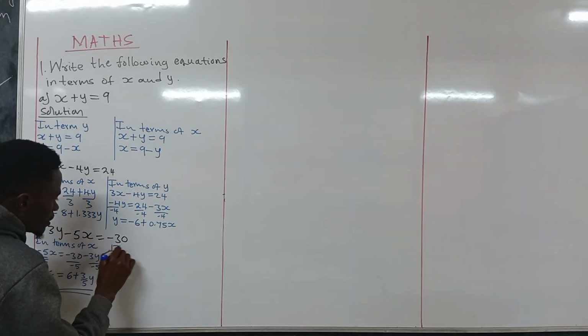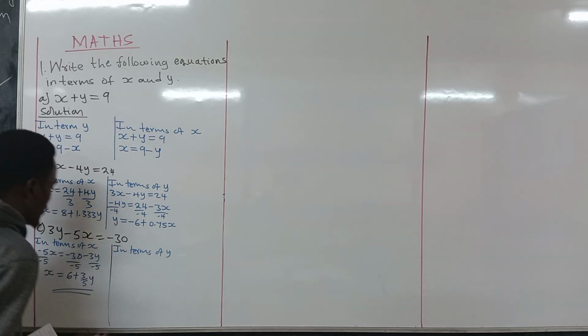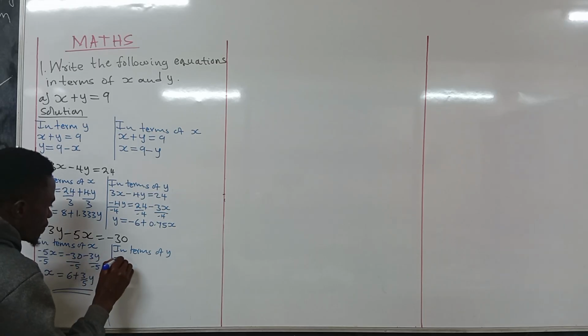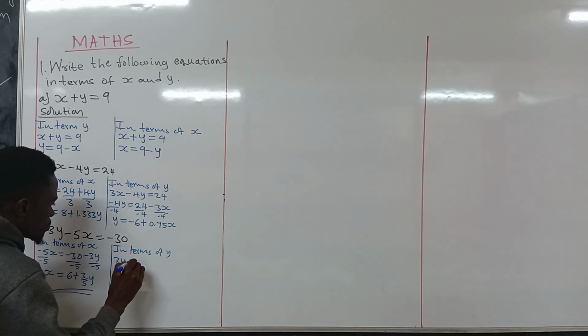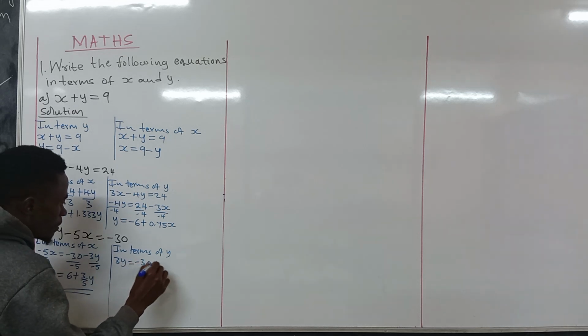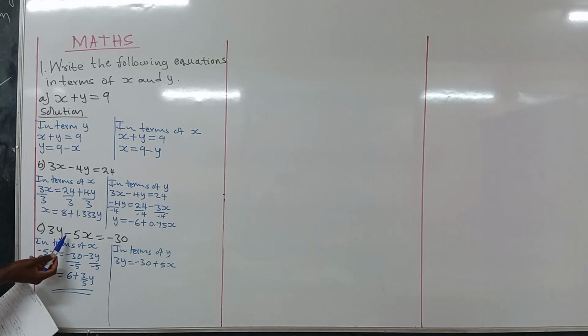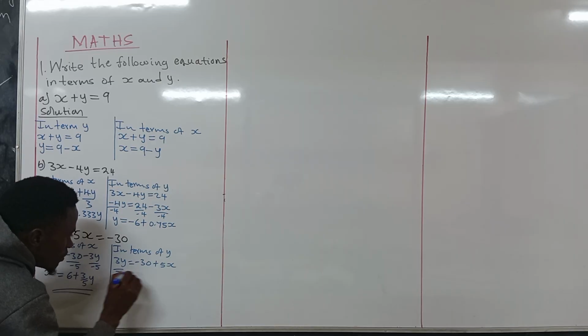So in terms of y, it's going to give us 3y is equal to minus 30 plus 5x. So plus 5x, because here it was negative, it goes to the other side and becomes positive. So divide everything by 3.